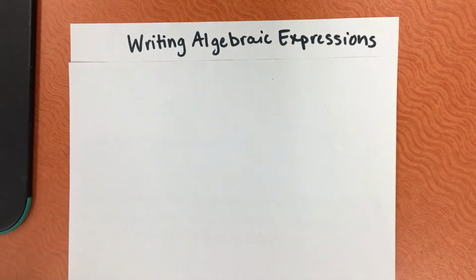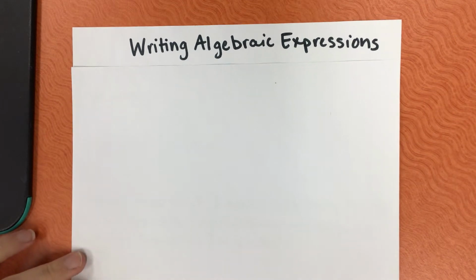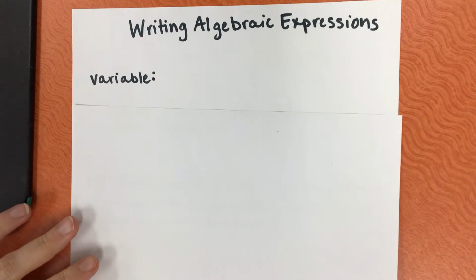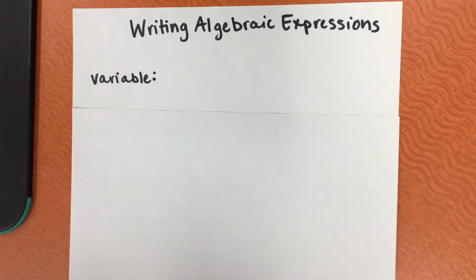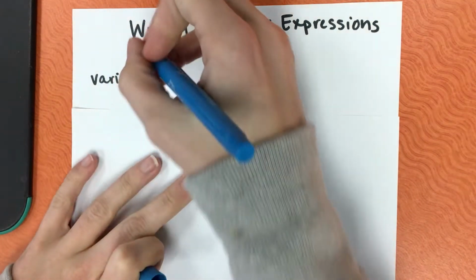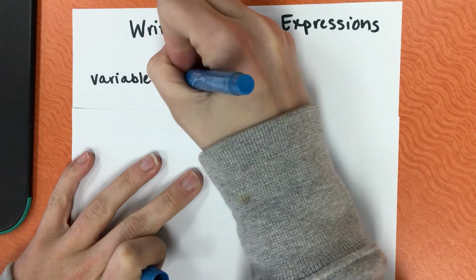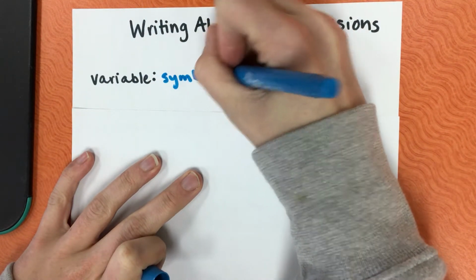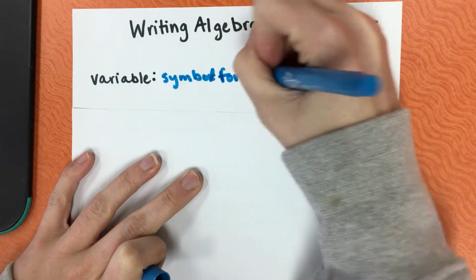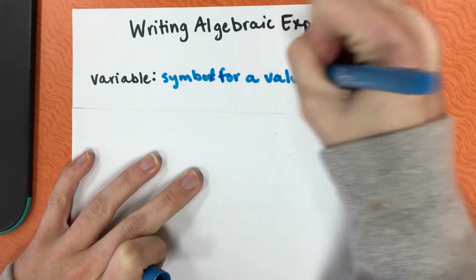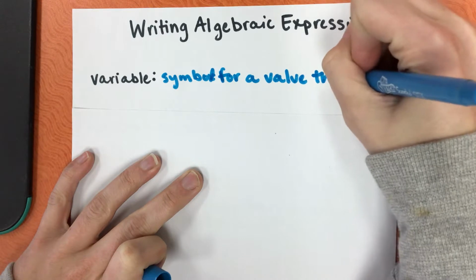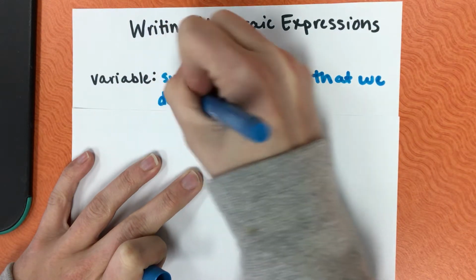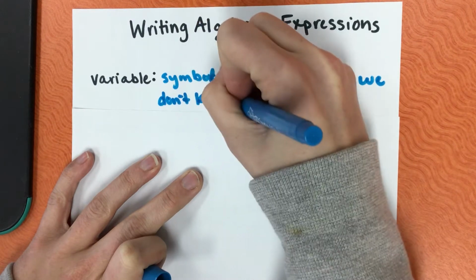So let's start by writing out some definitions. The first definition that we're going to write down is the definition for variable. A variable is a symbol for a value that we don't know yet.